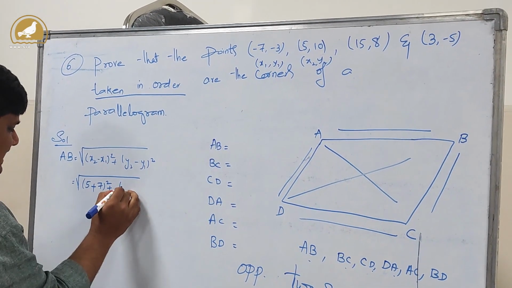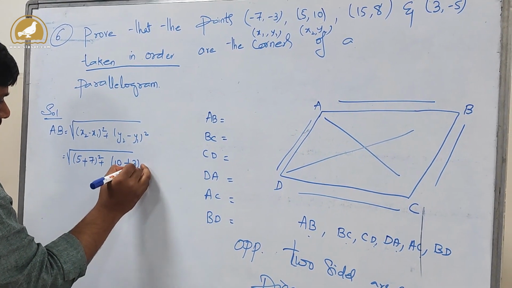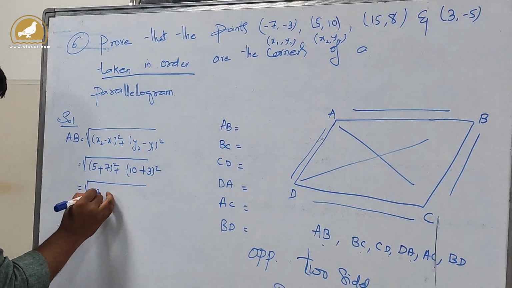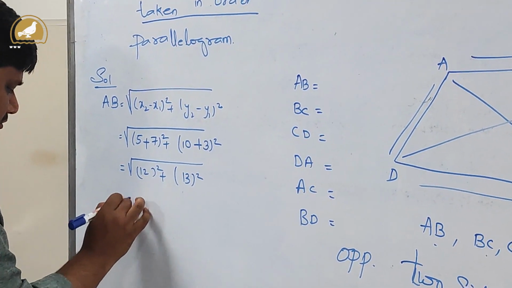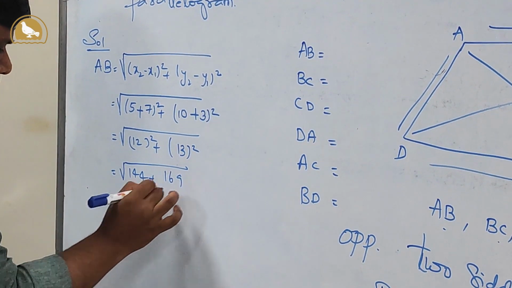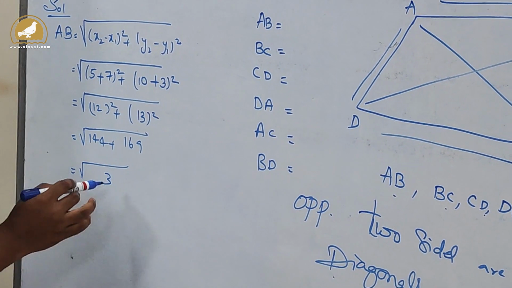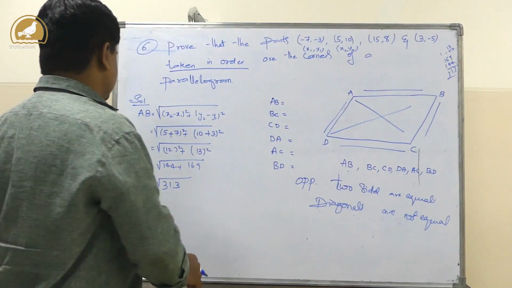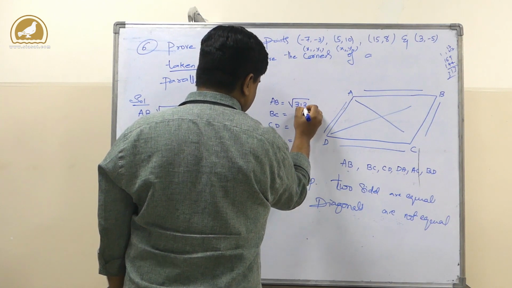The value of y2 is 10 minus, and this minus, plus 3 whole square. 5 plus 7, 12, 10 plus 3, 13. 12 square 144, 13 square 169. If you add these, 313. So we got the value of AB: under root of 313.